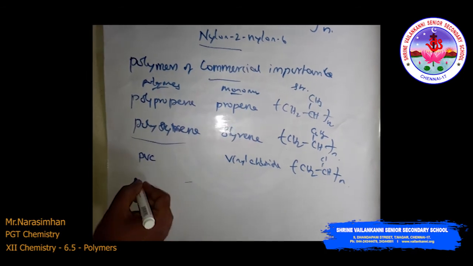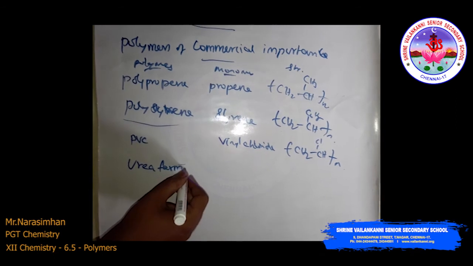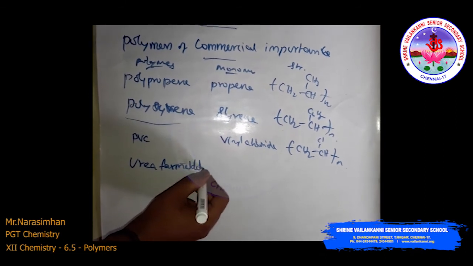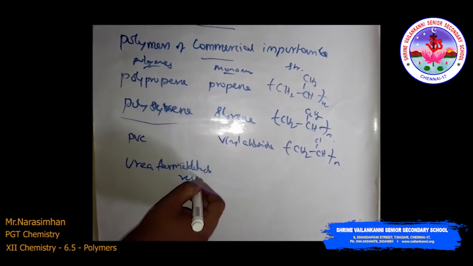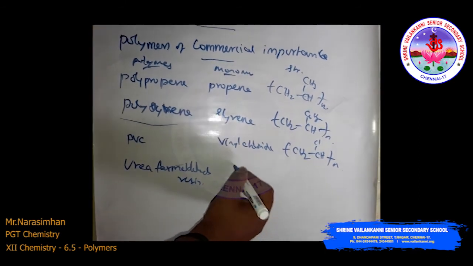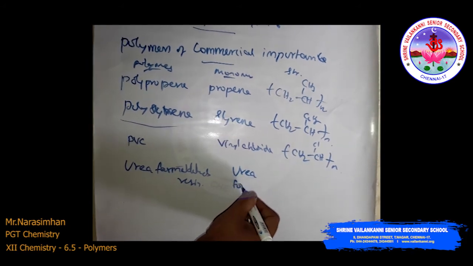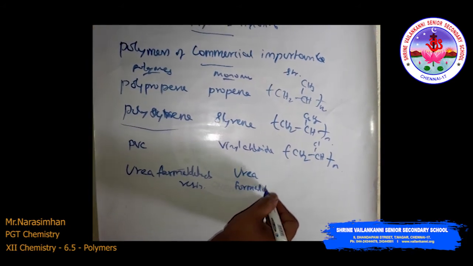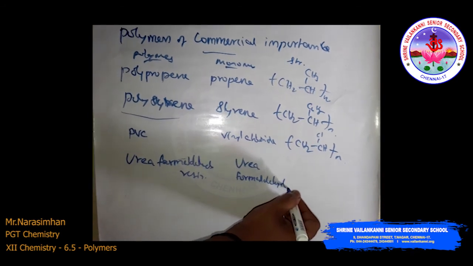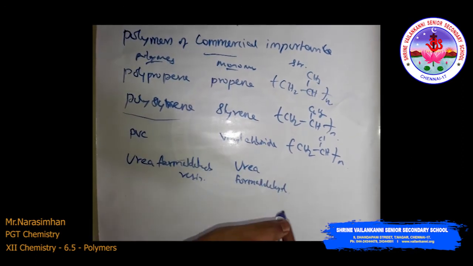Then urea formaldehyde resin. The monomers are urea and formaldehyde.